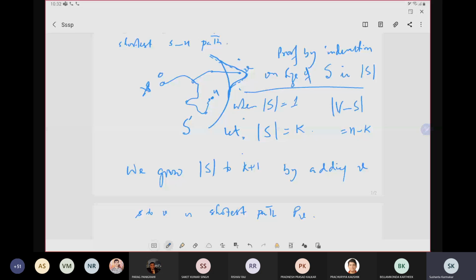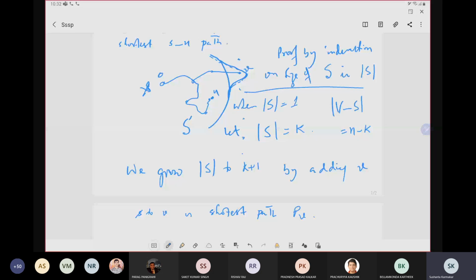It depends on the number of connections V has through any of the members of S. So let us contradict ourselves: suppose the shortest path goes through another node. Let's say this is U prime, this is U double prime. Let's say this is not the shortest, and this other one is the shortest.